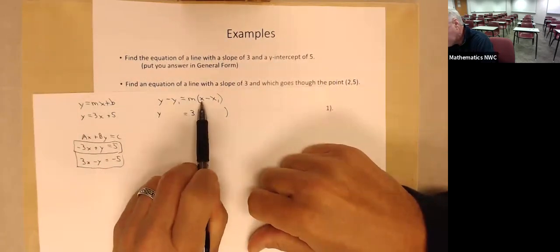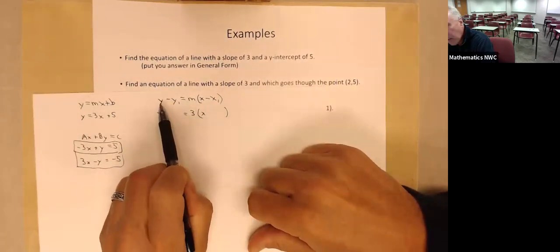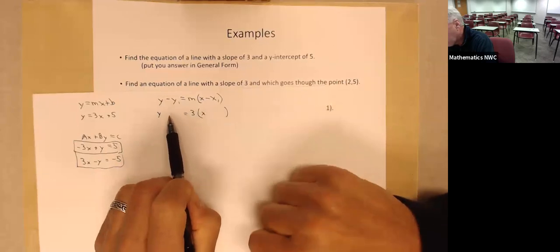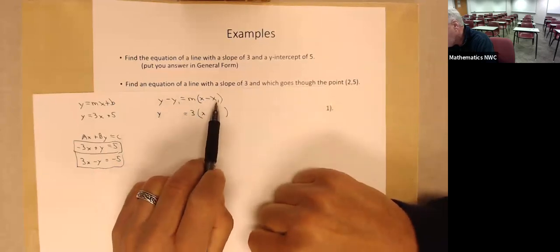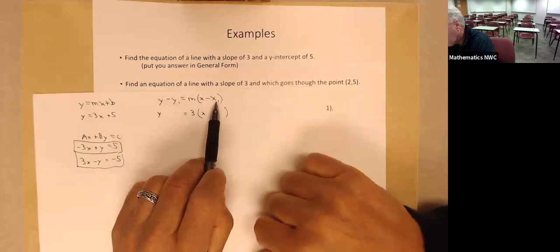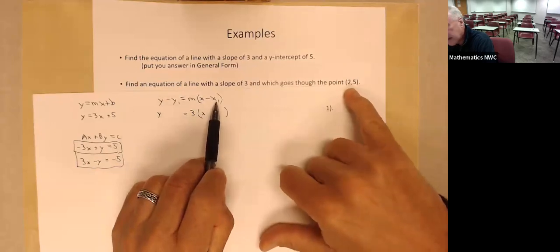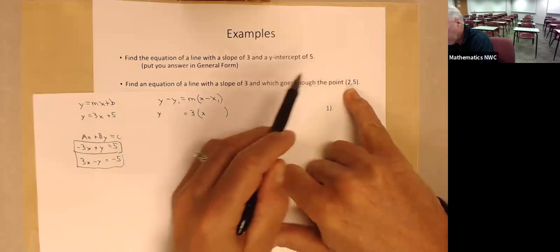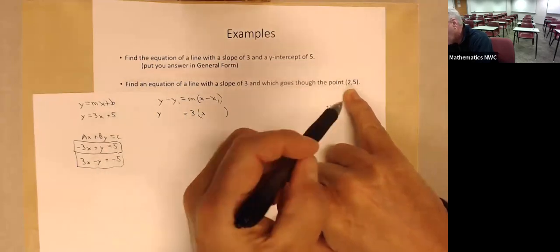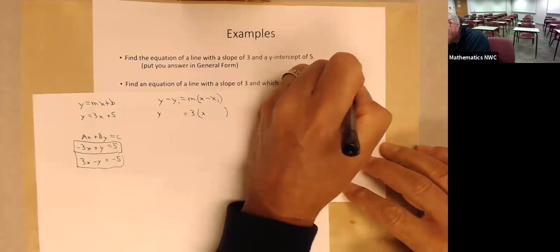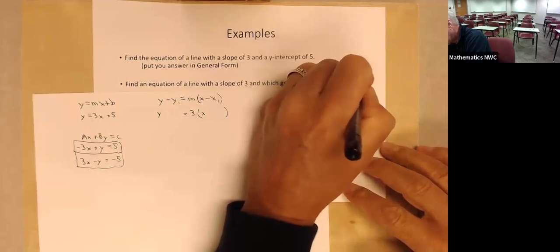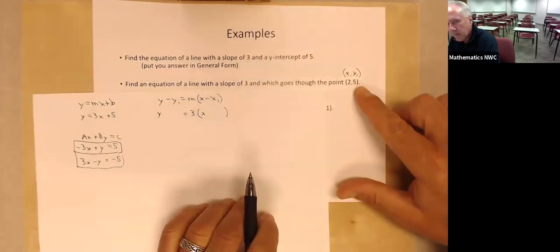This is just my general x variable. That y is my general y variable. But now x sub 1 is the x coordinate of a point on the line, which in this case is that 2 right over here. So x sub 1 and y sub 1 are right over there.